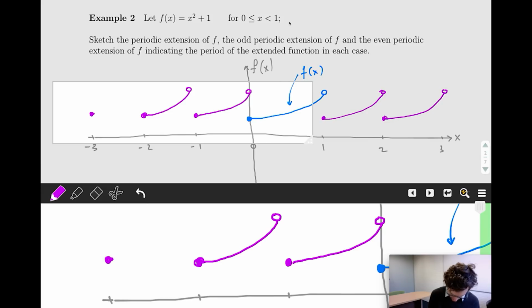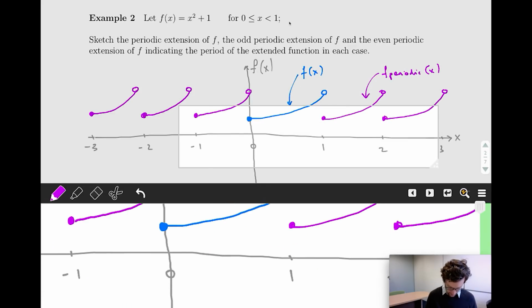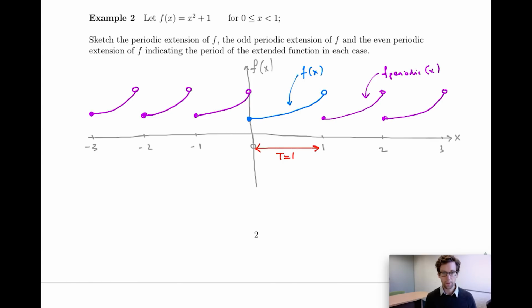Okay, so this is just the periodic extension, so we'll call this f periodic, and the period is the width of my original tile, so it's just equal to 1. So there is the periodic extension, and you can see if I took the Fourier series of that, I would end up with cosines and sines. So instead, let's look at the even periodic extension.